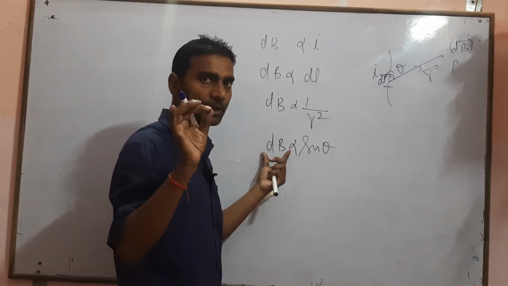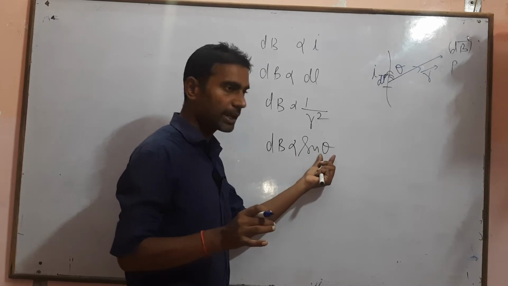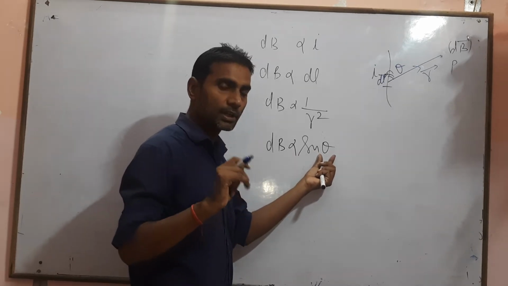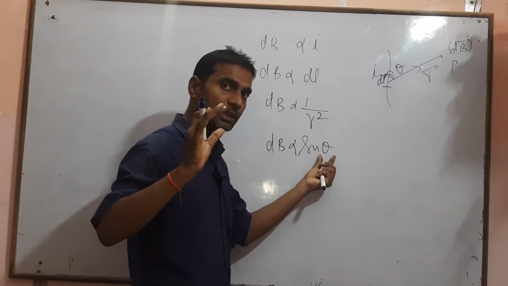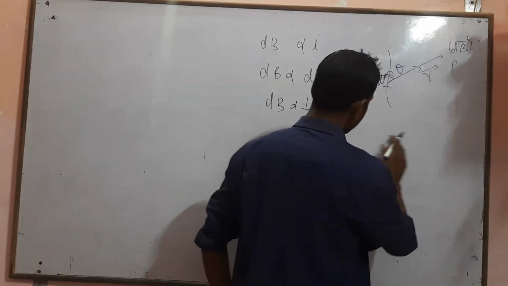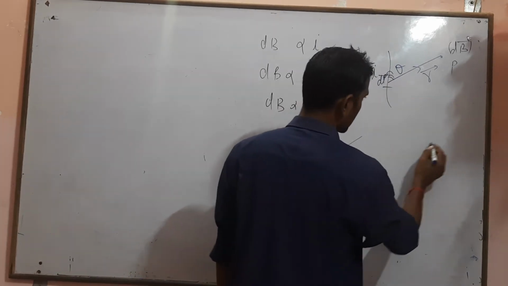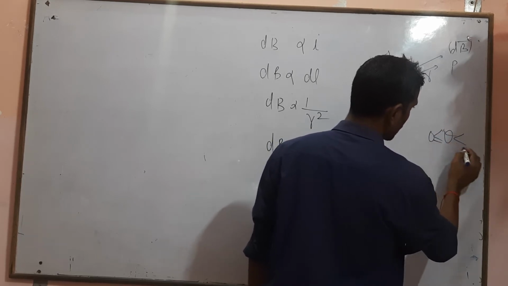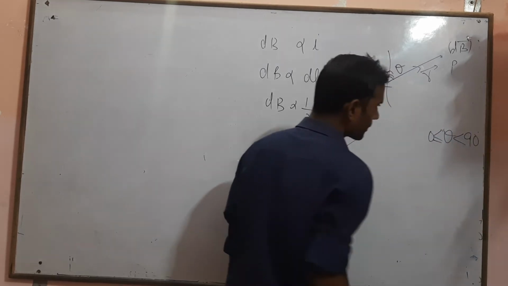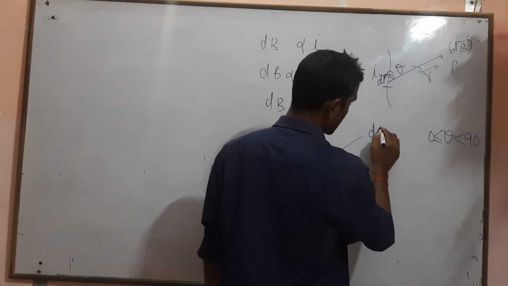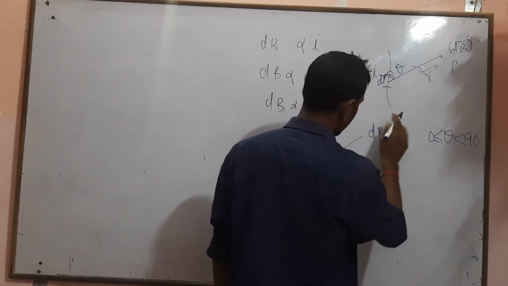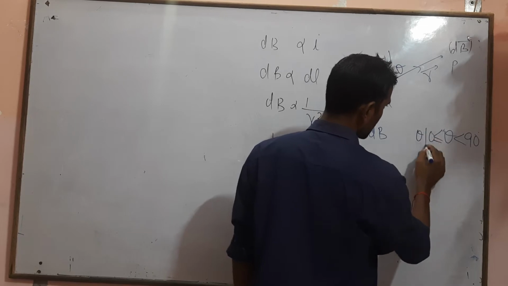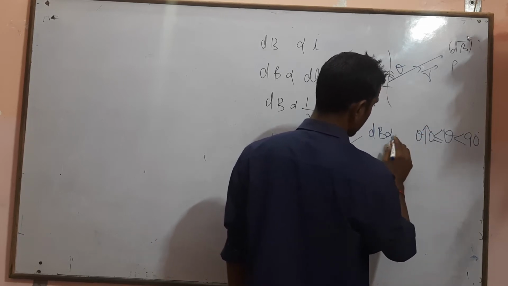But that is the limiting case. Limiting case means the angle between 0 to 180 degrees. This is an important point: if theta goes from 0 to 90 degrees, dB will increase.